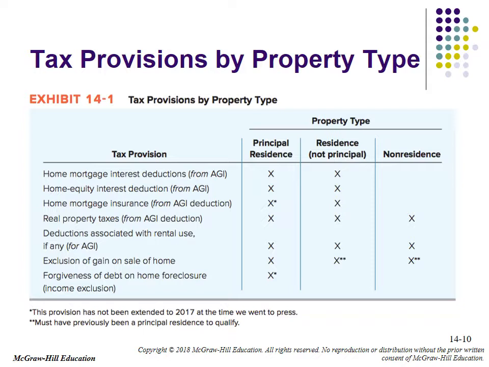On page 14-3, when a dwelling unit is determined to be a residence, the taxpayer must determine if it's a principal residence. This determination is important for the tax consequences on certain items, like the sale of a residence and how you tax any gain. What makes a residence a principal residence?